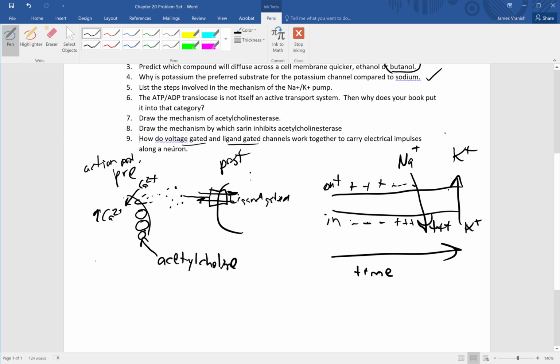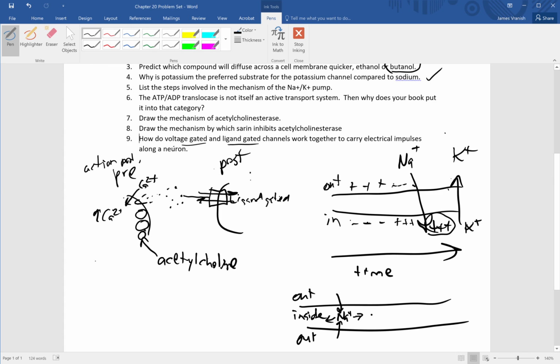Then it's really this movement of sodium ions into the cell along the neuron. If I'm drawing a neuron here, this is a single bilayer, with the outside on either side and the inside of the cell. Once the sodium ion channels open here, the sodium starts to diffuse along the inside of the membrane.